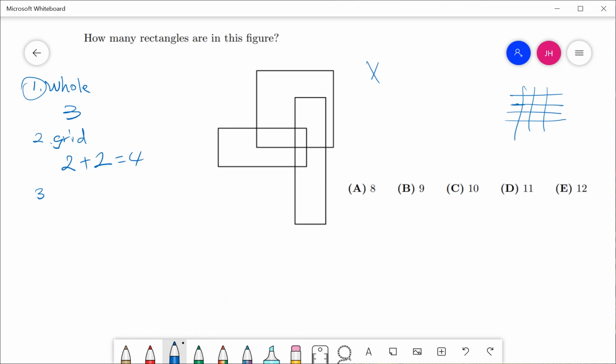So we know that this one, look at this one. This is a corner of either rectangle 1 or rectangle 3, let's call this 2. These big whole rectangles. So this is a corner of the big whole rectangle.